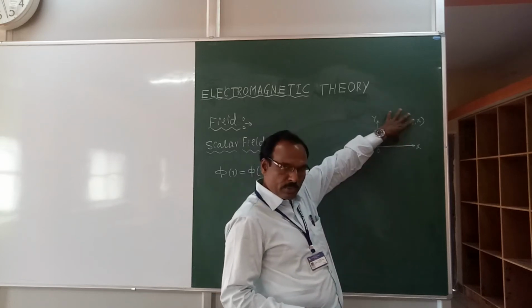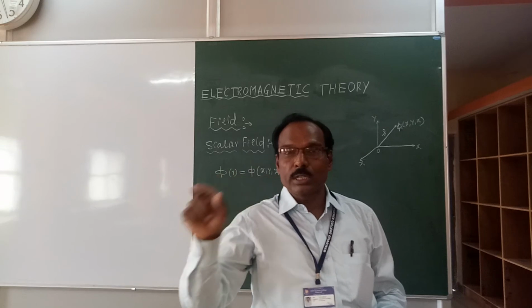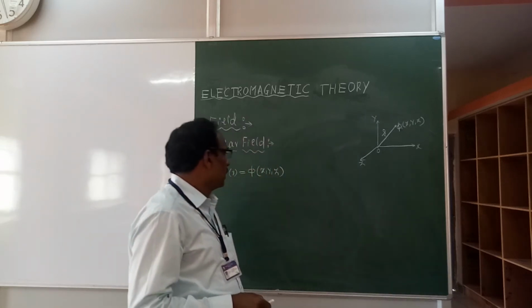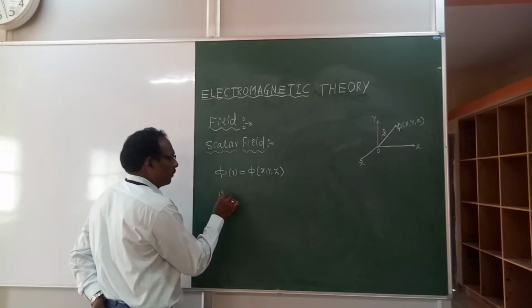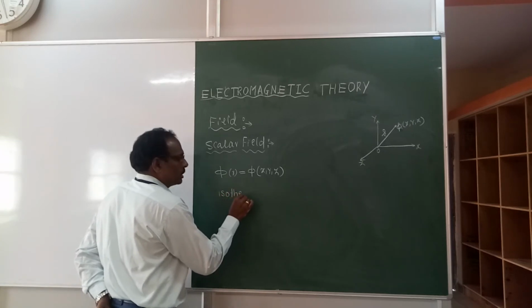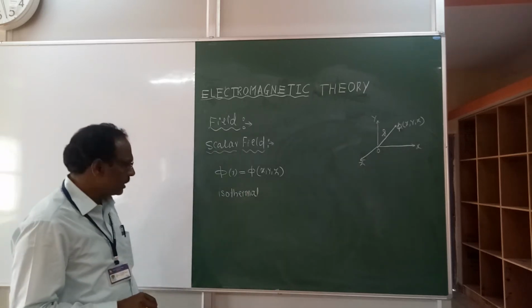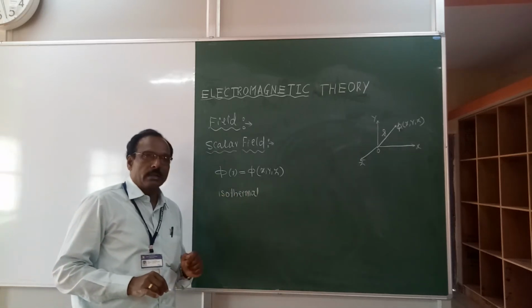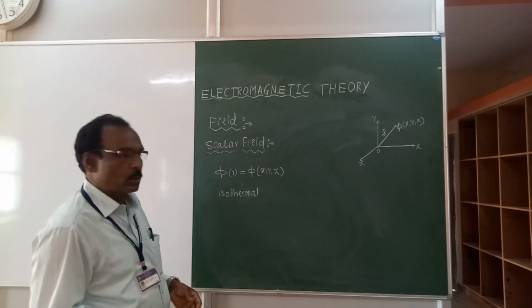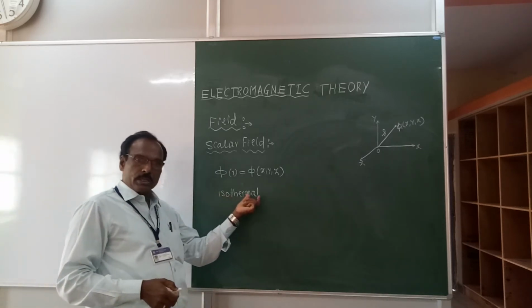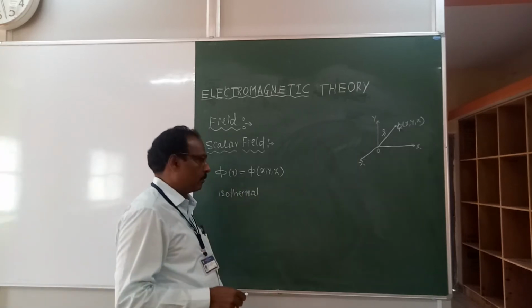Imagine this is a scalar field. In this scalar field, we can draw lines or we can draw surfaces. For example, isothermal. We have used this term many times, either in thermodynamics or in gas laws. A system is isothermal: the temperature is constant and it is represented in a PV diagram.